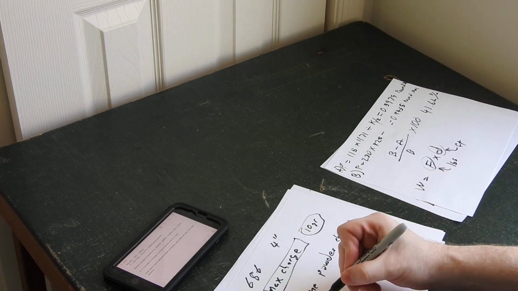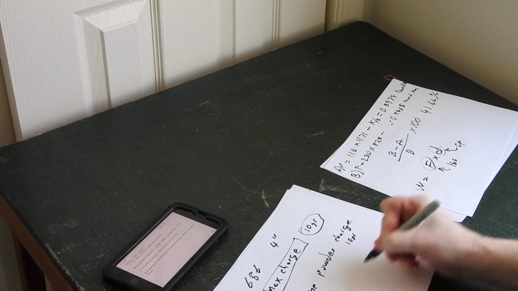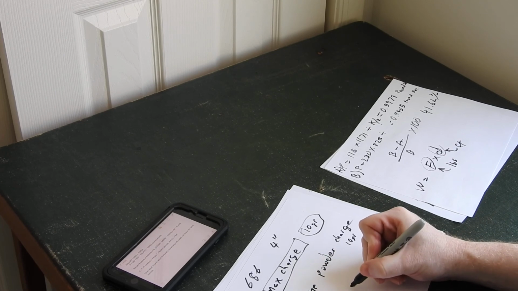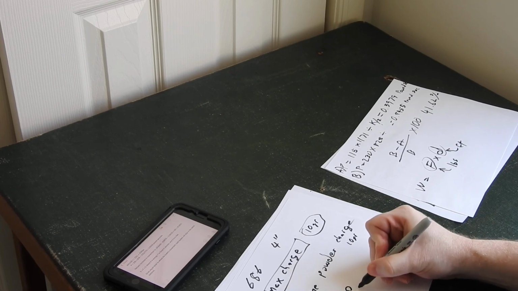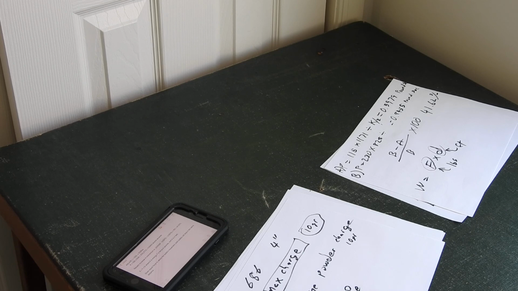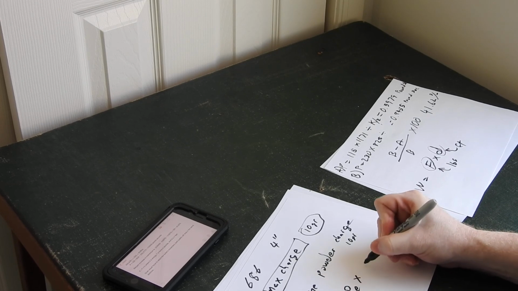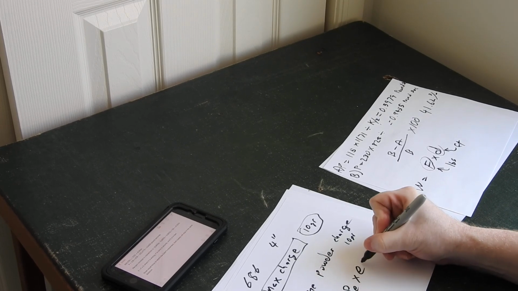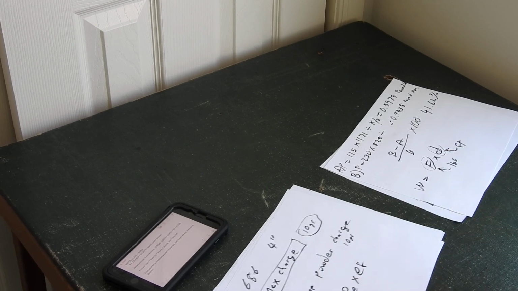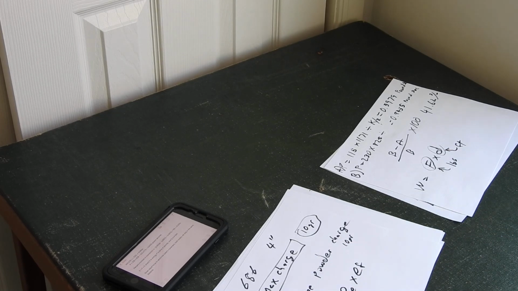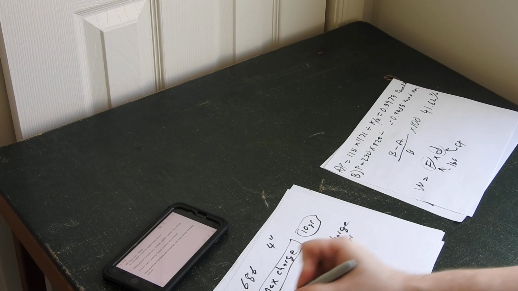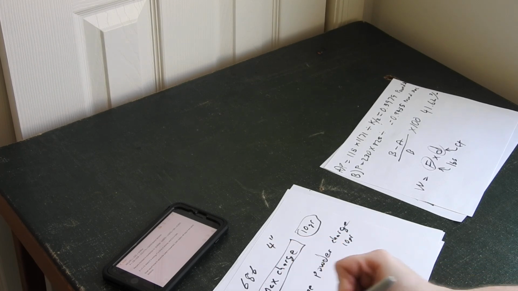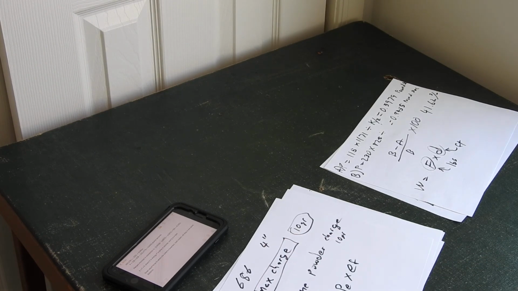So the muzzle energy will be equal to the powder energy, I'll just call that potential energy for the powder, times efficiency, I'll just call that EF. Now it's possible that the efficiency is going to be quite different between these two bullet weights.